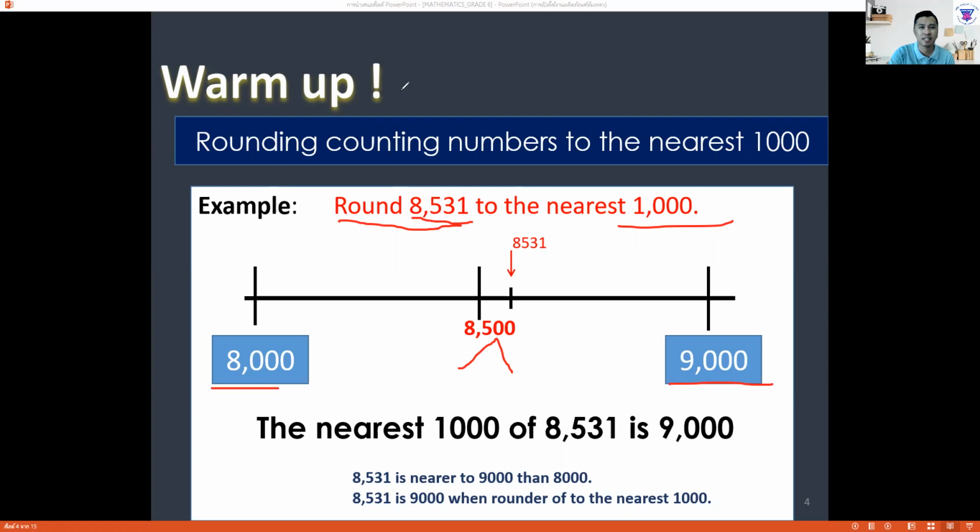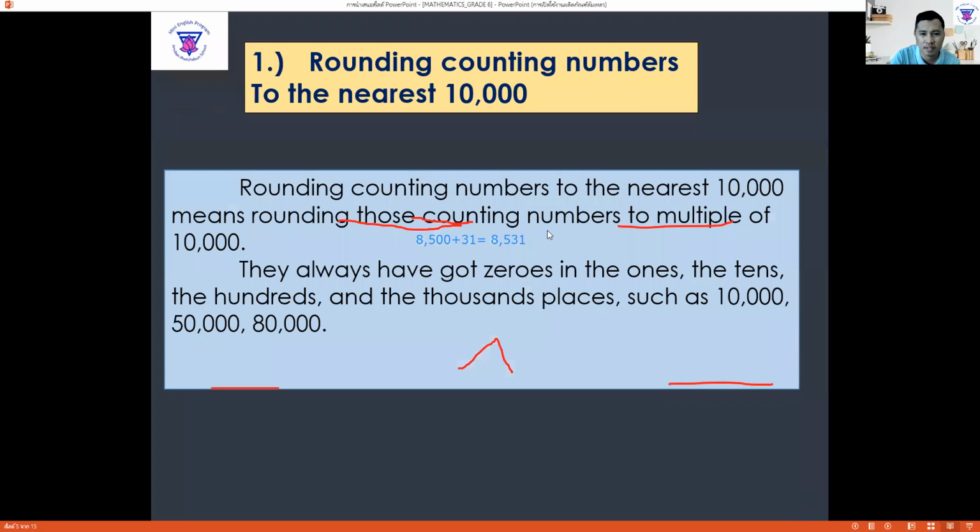Okay, so since we are going to round 8,531, we start from 8,500, then we add 31, so it equals 8,531.